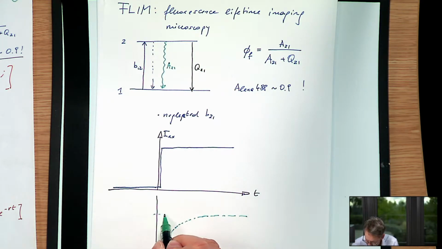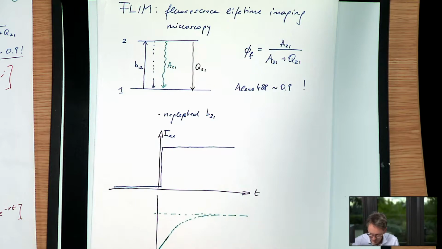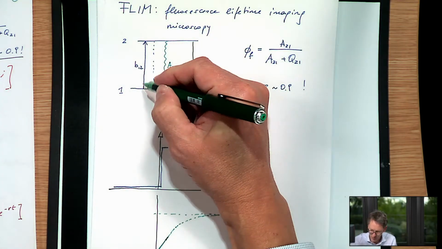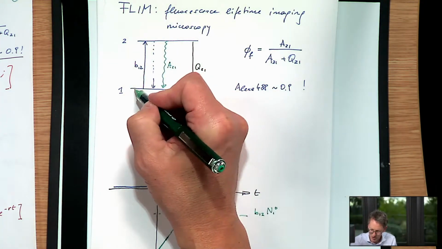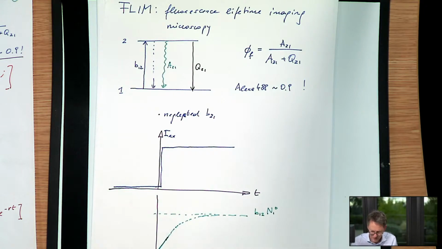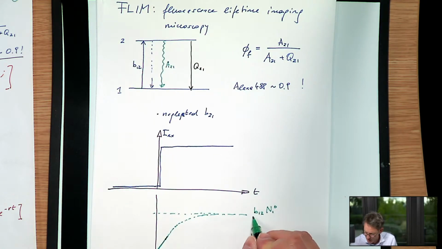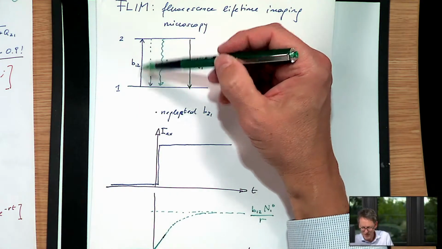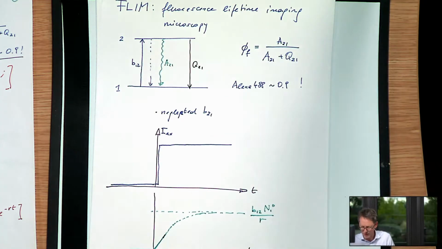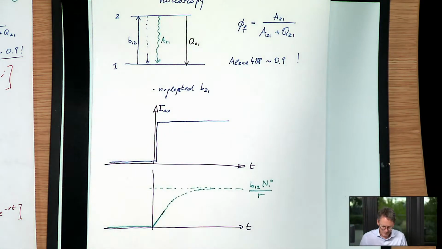And we've already mentioned that the steady state population here is given by B12, the rate at which things go up, times the initial population in level 1, N1 naught, which is of course the total population, divided by R. That is the total rate that has all bits in there, B12, A21, Q21, and so on.